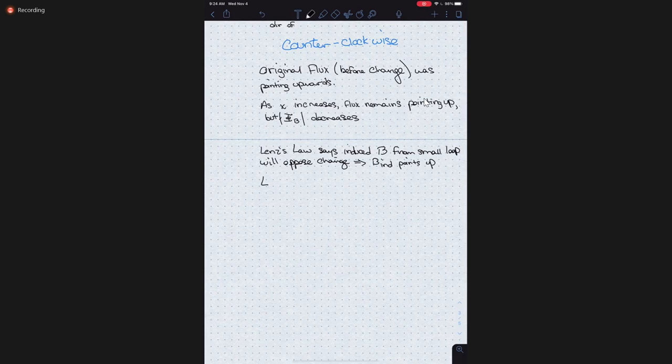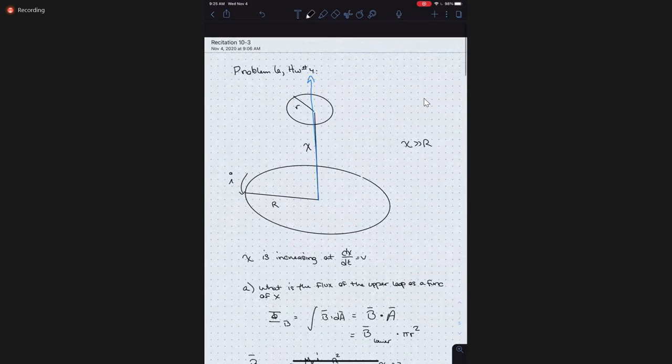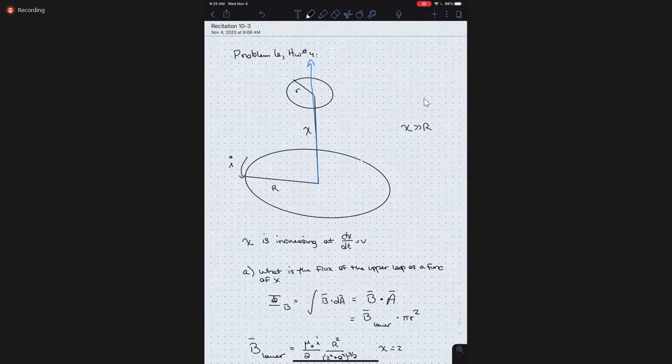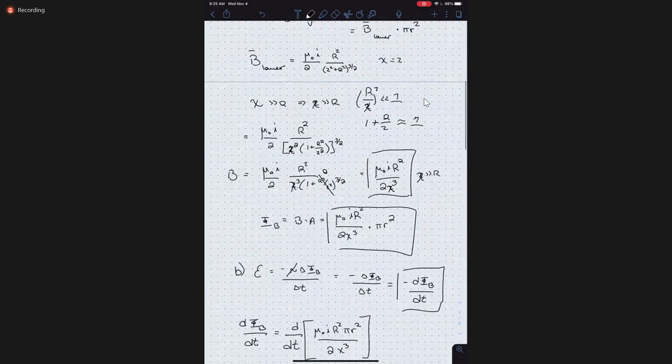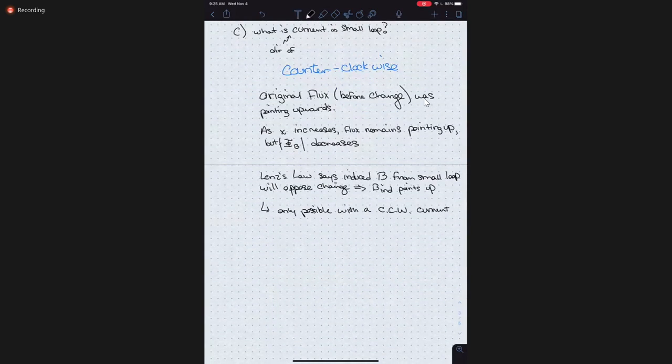And this is only possible with a counterclockwise current. Look at the loop: via the right-hand rule, if you had a counterclockwise current, the magnetic field from that loop would be pointing up. Based on the reasoning I just wrote down, that is why it has to be counterclockwise. So it's all Lenz's law. Any questions on the explanation?